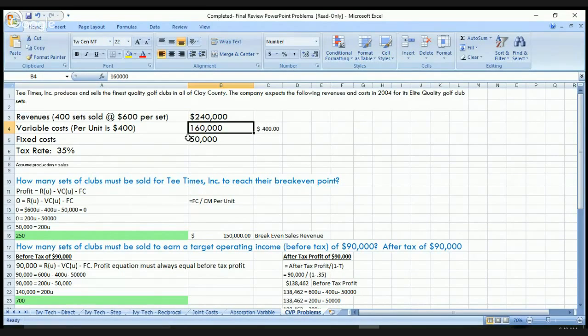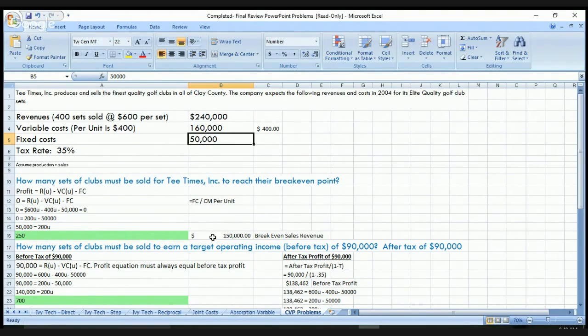That gives me the $400 per unit. So I'm going to take that minus 400U minus the 50,000. We don't break that off here. So adding the U's together, I get 200U minus 50,000, and then 50,000 divided by 200 gives me 250 units.